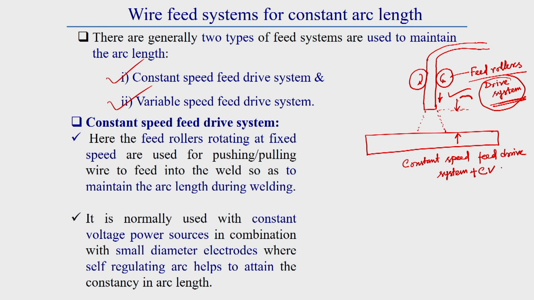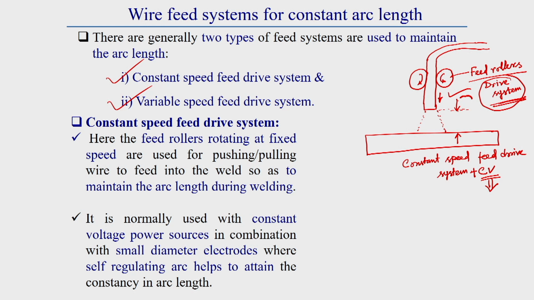If we use this feed drive with constant voltage and a small diameter electrode, then we get self regulation. Due to the self regulating characteristics of constant voltage power sources, we can maintain the arc gap.